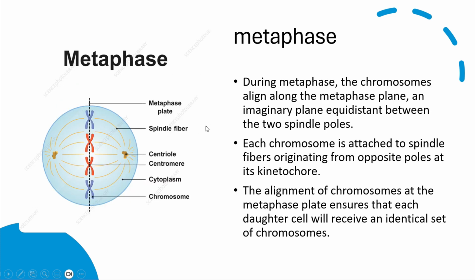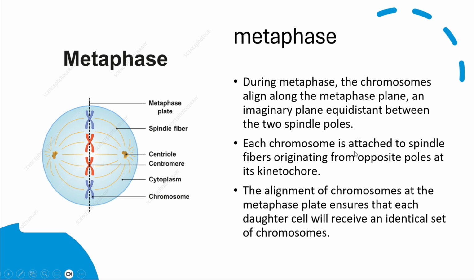Okay, cool. Metaphase. During metaphase, the chromosomes are going to align across the metaphase plane, or in other words, the chromosomes are going to line up in the center, and it makes sure they're equidistant between the two spindle poles. What that means is equal distance, directly in the middle, between two spindle fibers, otherwise, between two centrioles, yeah. Otherwise, you could get a situation where there are too many chromosomes on one side.